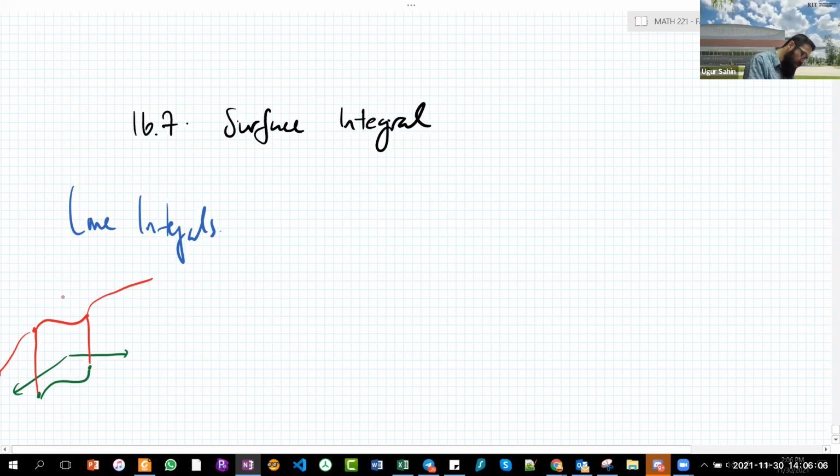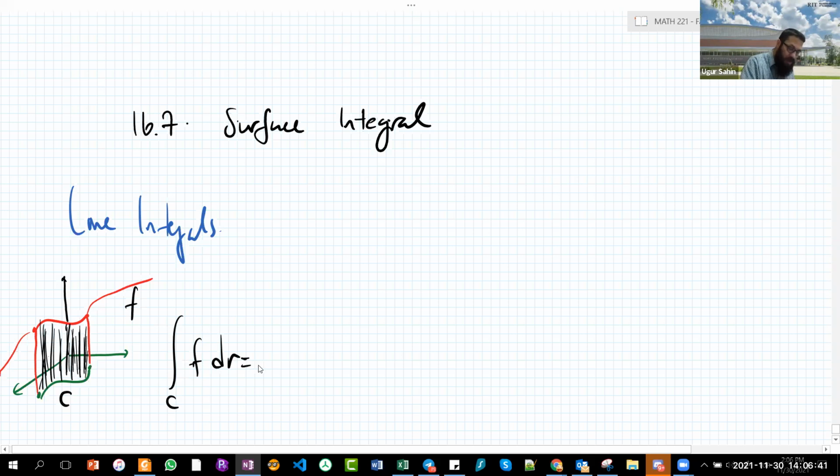I tried to take the integral of this function, and I noticed that this integral actually gave me the surface area of whatever I have below that function, kind of a curtain. Look at that. This is a curtain. That's the surface area of a curtain, right? So this is my C, this is my F, and the line integral gave me the surface area along the way of this curve.